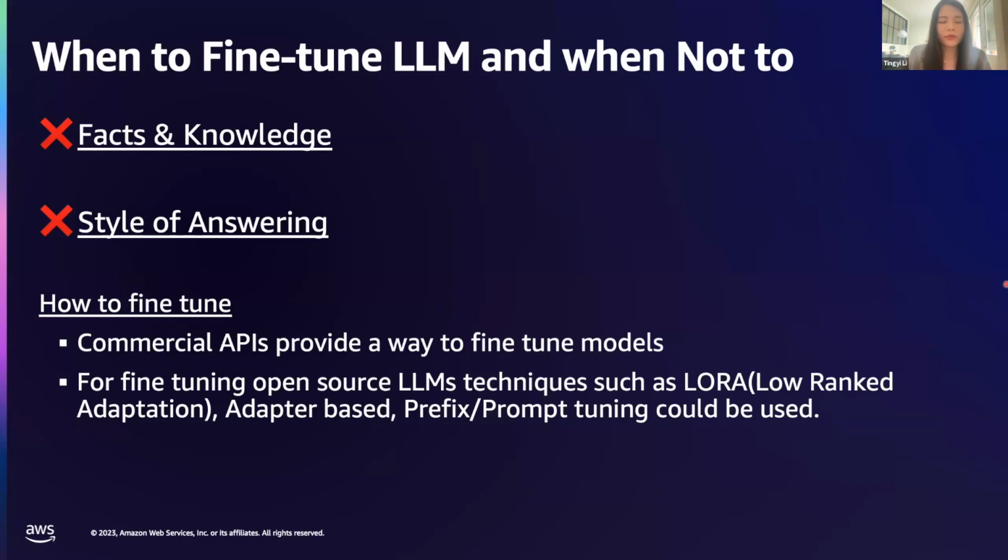Normally, for these offerings from the giant techs, from Microsoft, OpenAI, Google, or from us, AWS, for those commercialized APIs, we always provide you with a way to fine tune your models. For instance, with Amazon Bedrock, you can easily fine tune using your own data set.